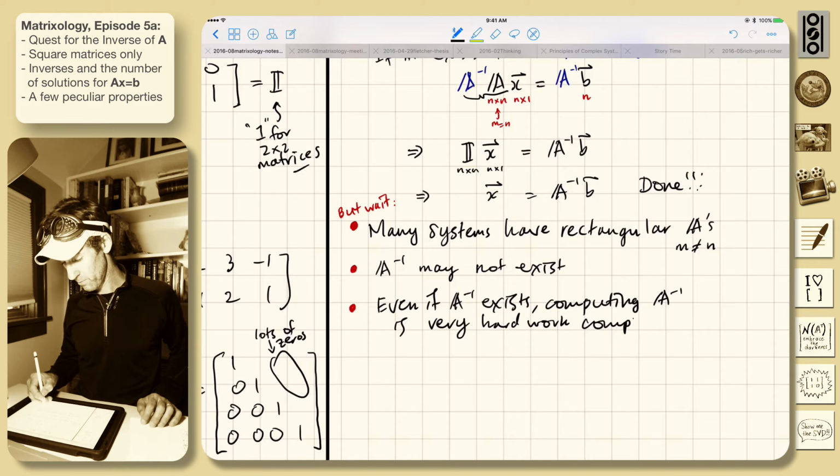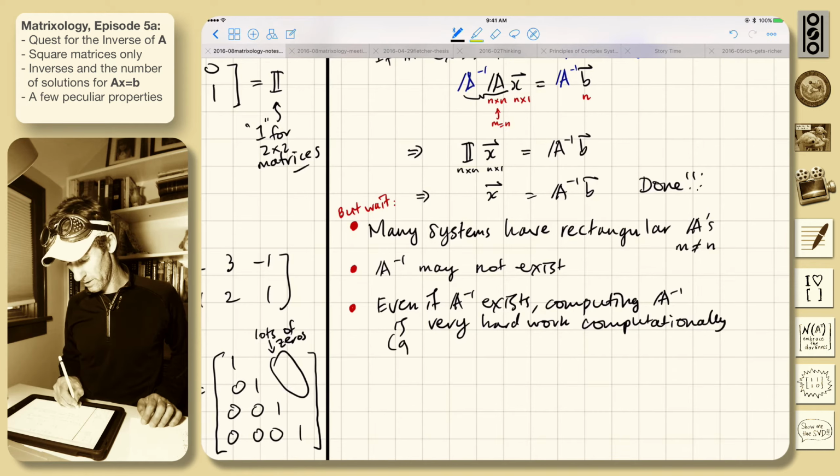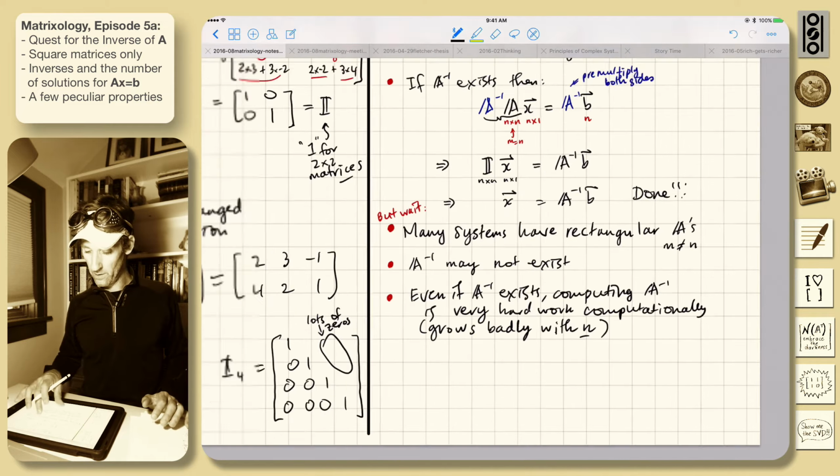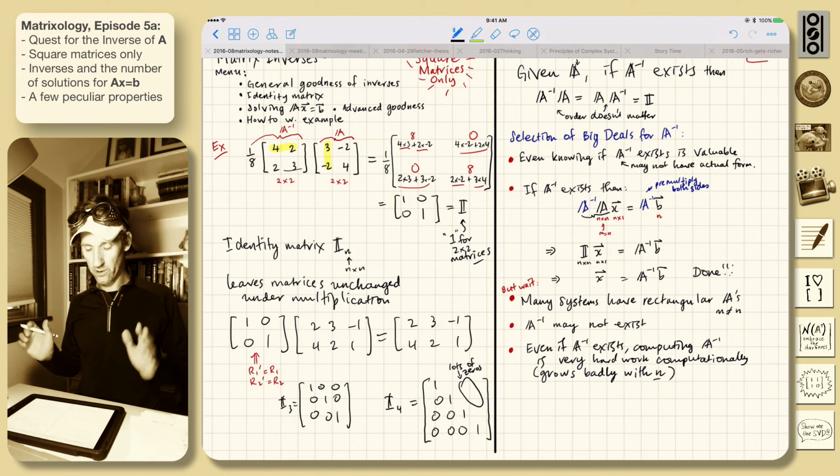Computationally, right? And it gets worse as you increase n, so we won't exactly say, but it grows badly with system size, with n. It gets worse and worse and worse. So we try to avoid it.